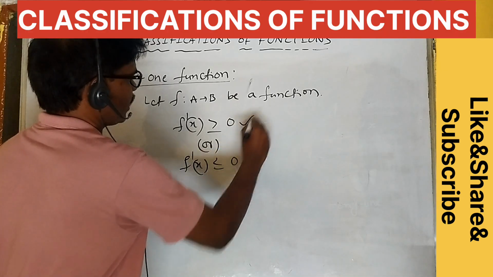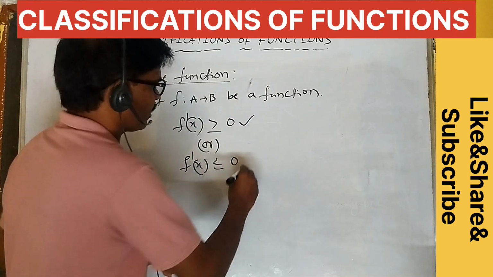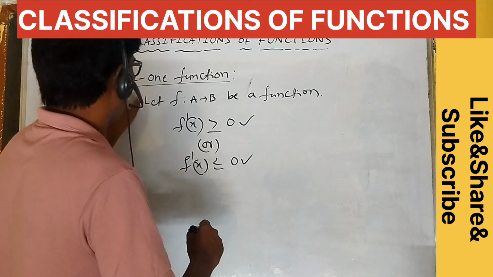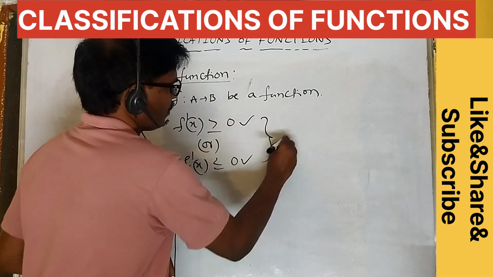Only one case should be correct: less than or equal to 0, or greater than or equal to 0. This checks whether it is a one-one function.